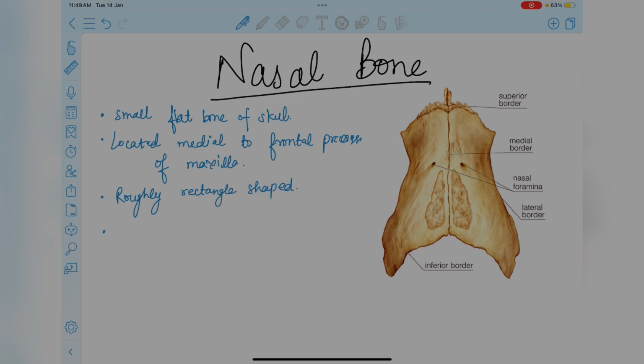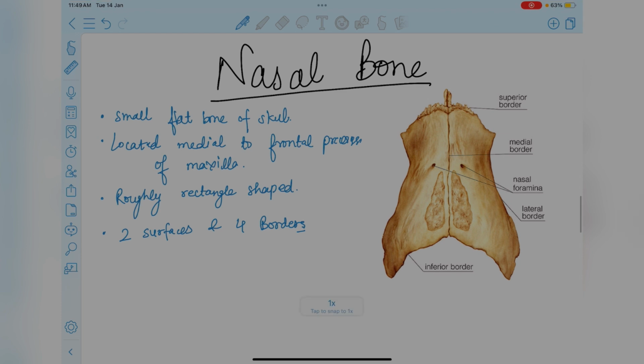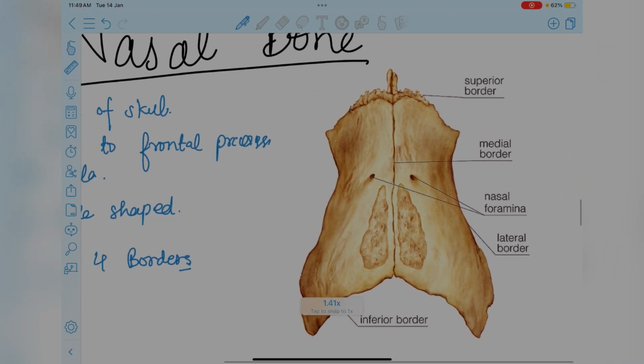It has two surfaces and four borders. Now, as you can see in the diagram, it is a paired bone. It has the left and the right portion, and they are connected by this. This is called the internasal suture.